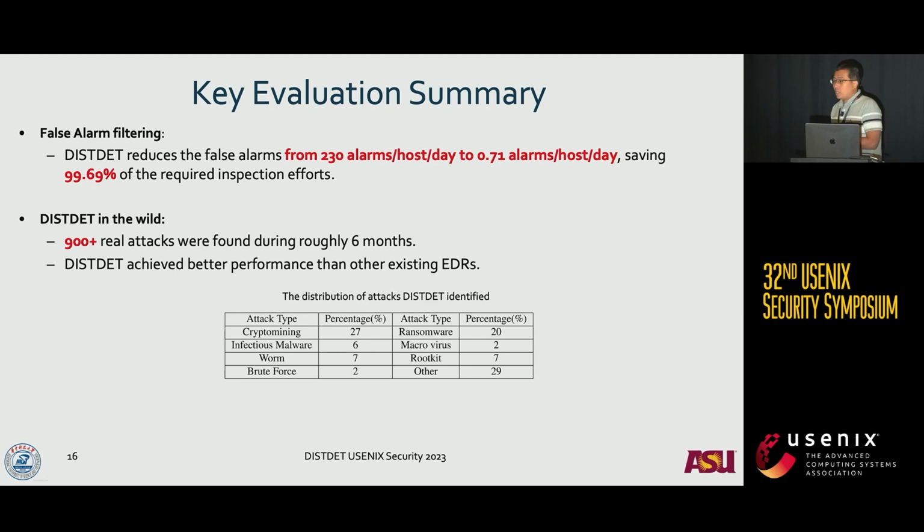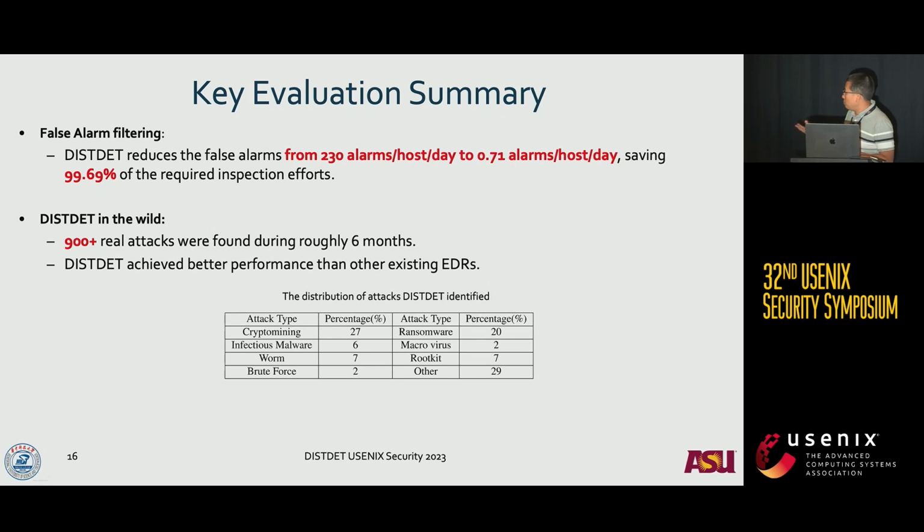Because we emphasize false alarms a lot, we also measure that. Our results show that we are able to reduce the false alarms from 230 per host per day to 0.71 false alarms per host per day. This saves more than 99% of the manual effort in filtering out false alarms.